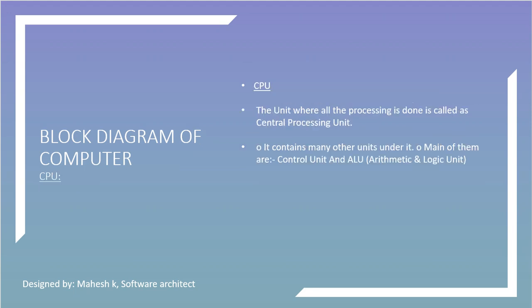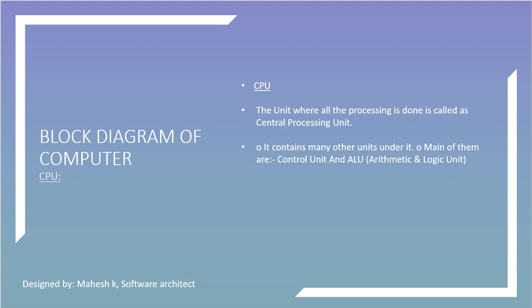So commonly we call it the CPU. The unit where all the processing is done is called the central processing unit. Between the input device and output device, one device is called the CPU. This is the brain of the computer. It will do all this activity.